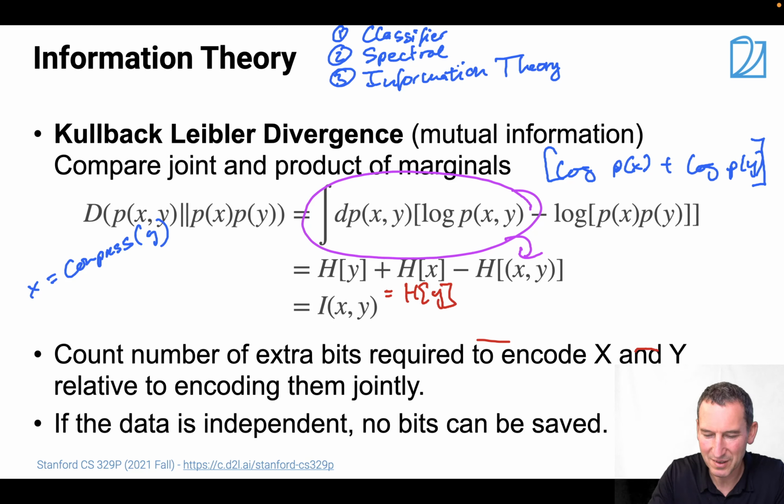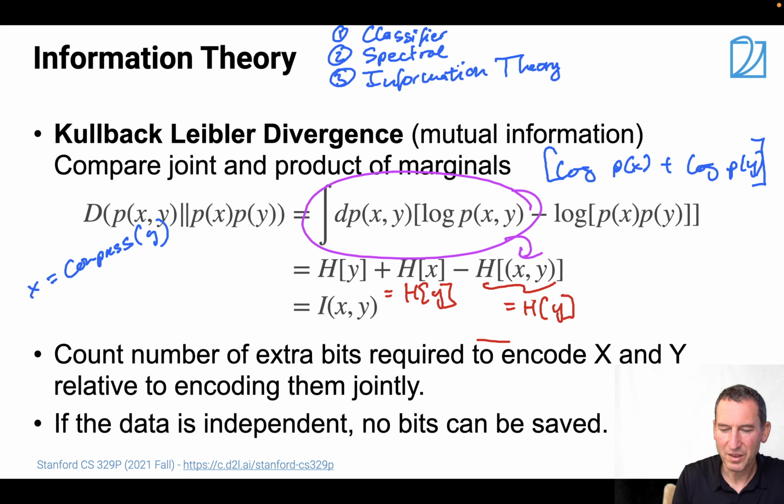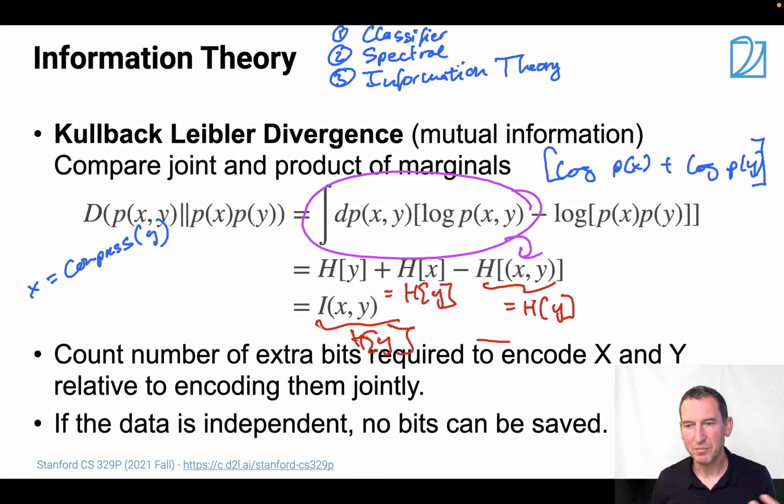So I get that this is also h of y. And so therefore you get that you have h of y plus h of y minus h of y. So you will get that this is basically the entropy in y. In other words, the mutual information between the original and its completely losslessly compressed version is exactly the information in the original data, which makes a lot of sense.